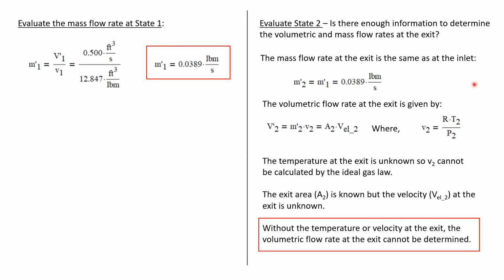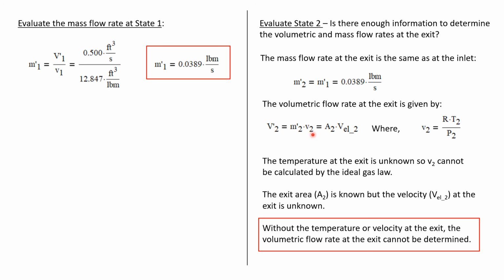How about the volumetric flow rate at the exit? Well, we have two expressions for volumetric flow rate. One is the mass flow rate times the specific volume at the exit. That will give us the volumetric flow rate at the exit. Or we can use the area at the exit times the velocity at the exit.